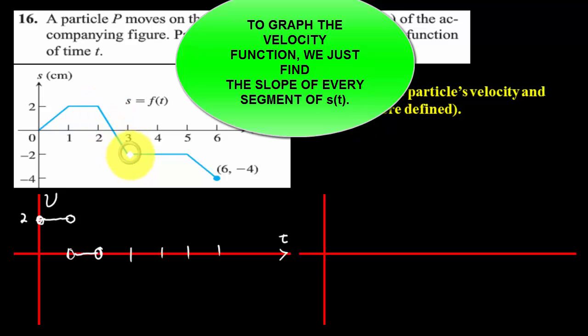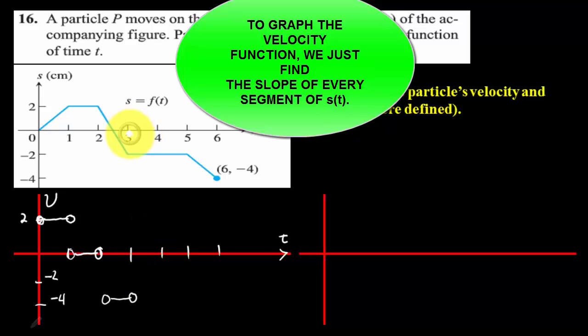Starting from 2 going to negative 2, the change in y would be negative 4, over 1. So from 2 to 3 the velocity is negative 4.